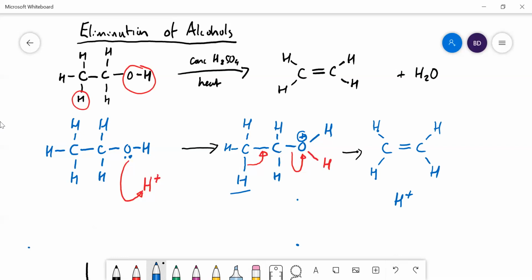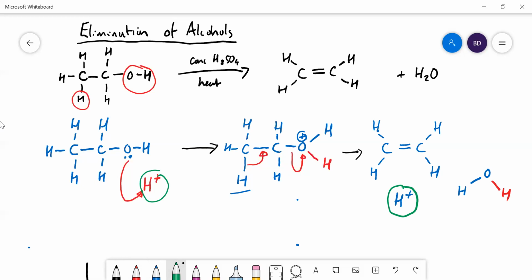And you will lose a water. So that bit there has come off as H2O. So you can see here, look, we've regenerated the H plus that we used up there. So the H plus is acting as a catalyst. Okay, that is all you need to know about that mechanism.